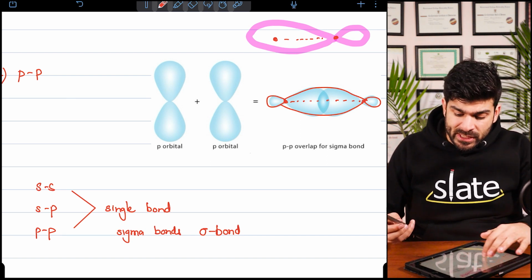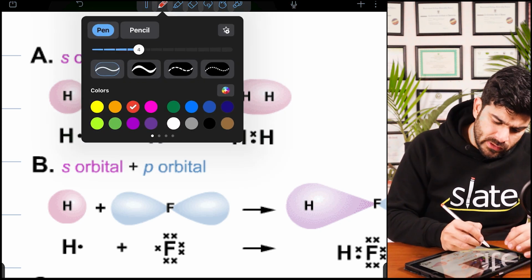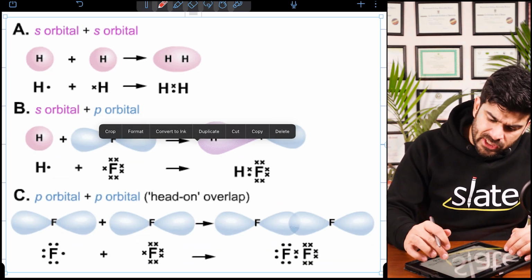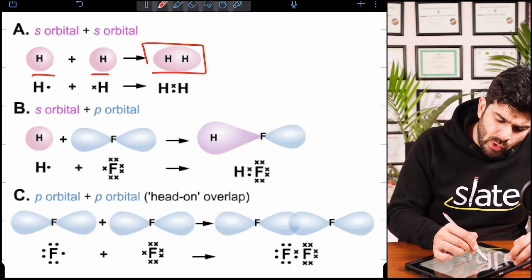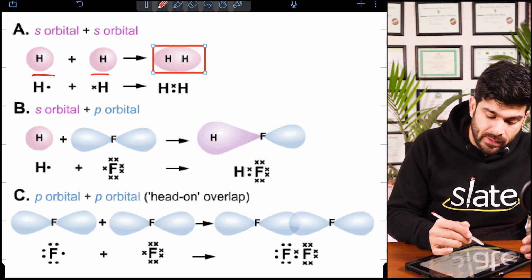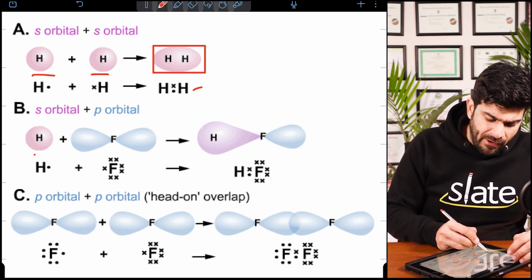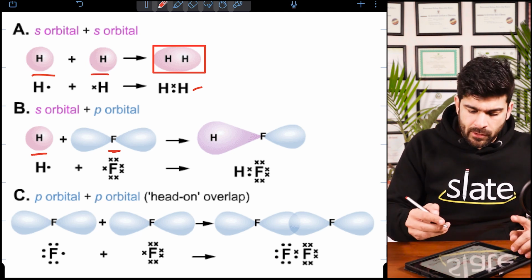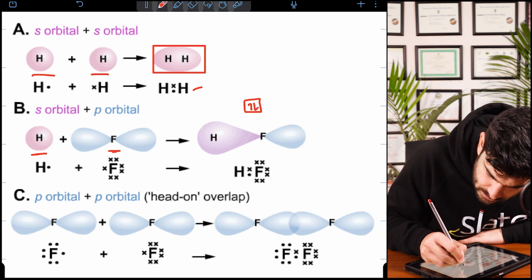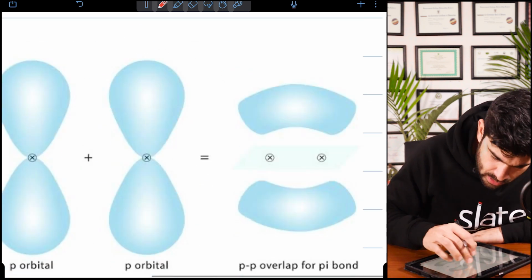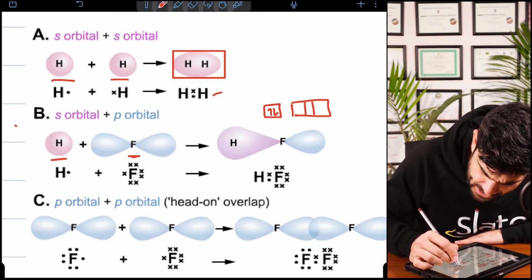For instance, let's look at these examples. We have a hydrogen overlapping with another hydrogen. They will make such a molecule, such an orbital overlap, and that would be the shape. If we have one hydrogen and one fluorine, the outermost orbital of fluorine is p.